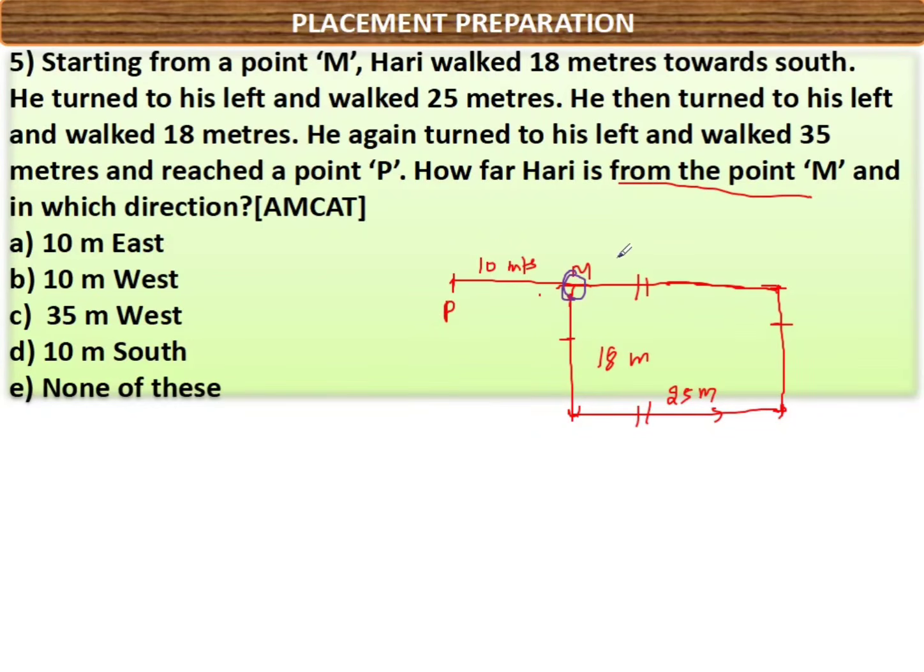Now tell me, from M, how far? They are just asking how far, as well as distance. From here to here, how much is it? 10 meters. 10 meters, which side? Left side. So left side means obviously west. So 10 meters west. Option B is the right answer.